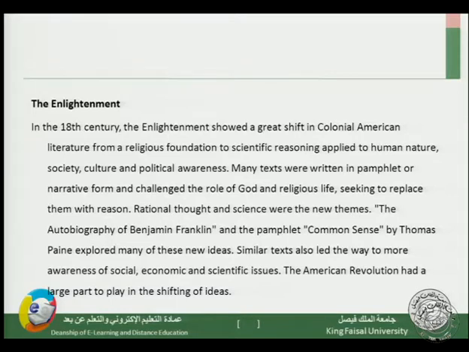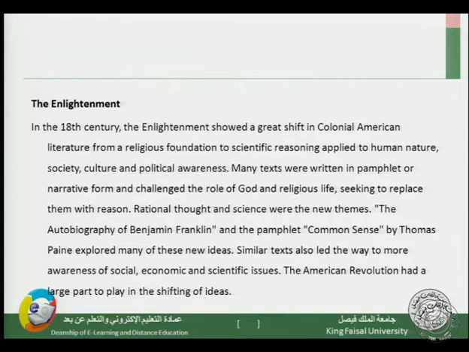Rational thought and science were the new themes. These are the new themes of this period of time through the Enlightenment movement. This is their theme, this is their message, this is their role. Okay, what? Rational thought and science.